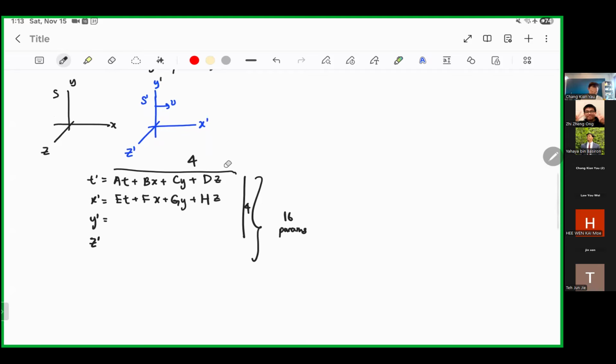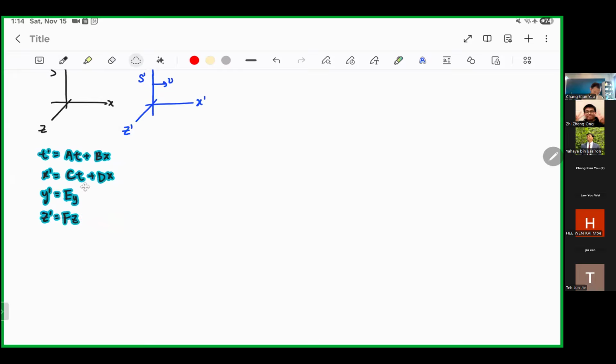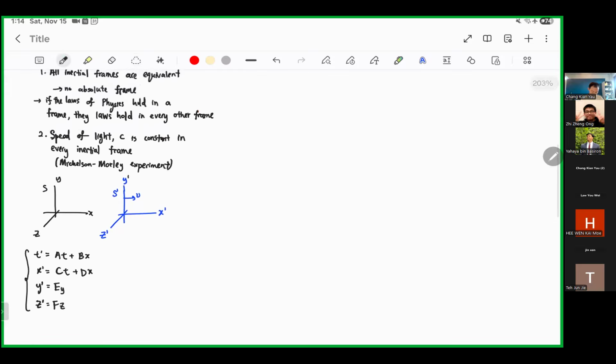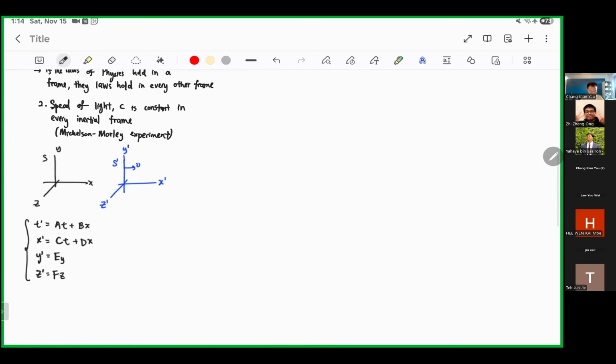With this, we can simplify it to an equation like this: c t plus d x, e y, f z. So this is our set of equations, and we just need to solve it by using these two postulates, and then we get a relationship similar to that.